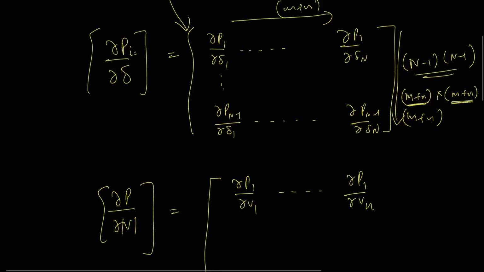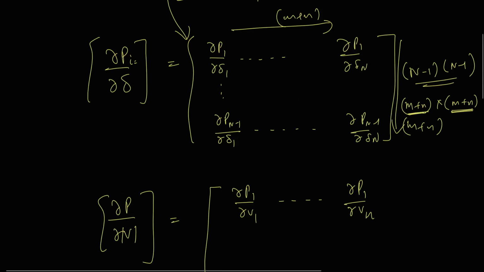Here also I will write delta 1 to delta m plus n. This is also m plus n, and this is delta 1 to delta m plus n.